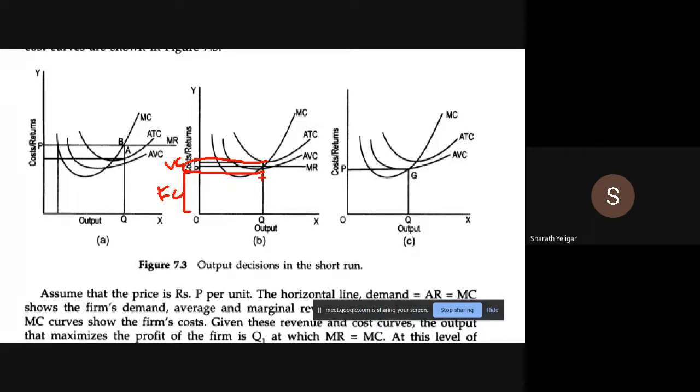Okay, when a person is producing at this point, I'll change the color. If he's producing till here, he is covering some part of fixed cost.